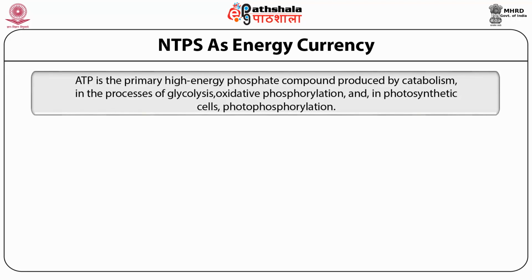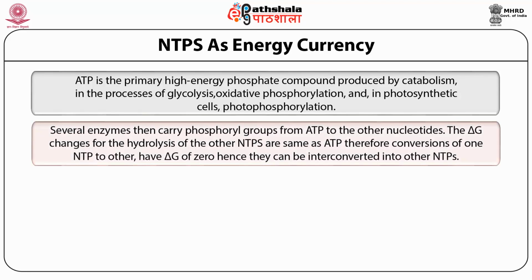ATP is the primary high energy phosphate compound produced during catabolism, for example in glycolysis, oxidative phosphorylation, photosynthesis and photophosphorylation.